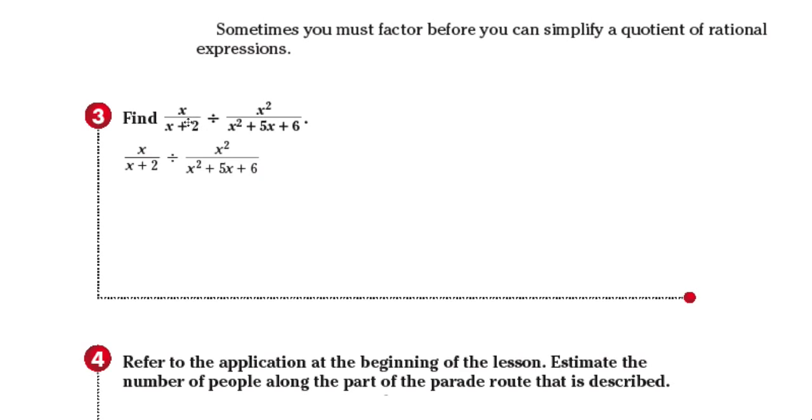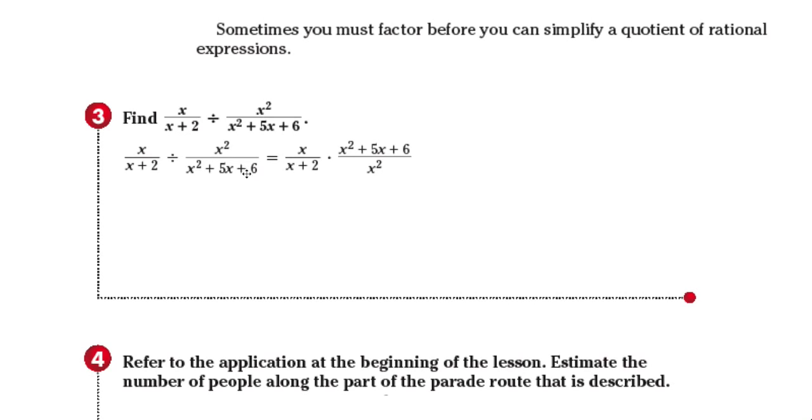You want to find x over x plus 2 divided by x squared all over x squared plus 5x plus 6. Therefore, we need to factor x squared plus 5x plus 6. Using the method for a coefficient of 1, the factors of 6 which give a sum of 5 are 3 and 2, so it is x plus 3 and x plus 2.